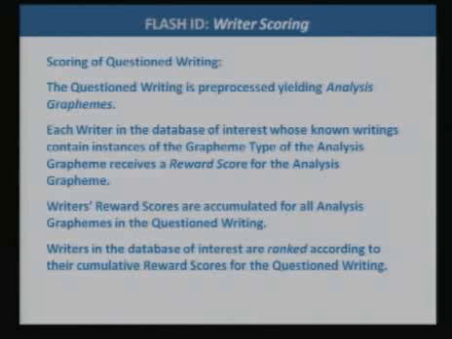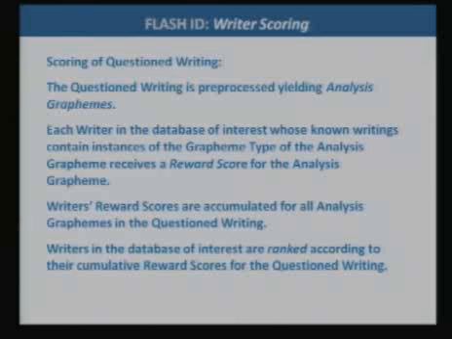And the way the scoring works, every grapheme from that question document, I'll call it an analysis grapheme, all writers whose known writings exhibited instances of that grapheme get a reward for that single grapheme. So if these two guys are in that class, I take that grapheme and I give each of them a reward.